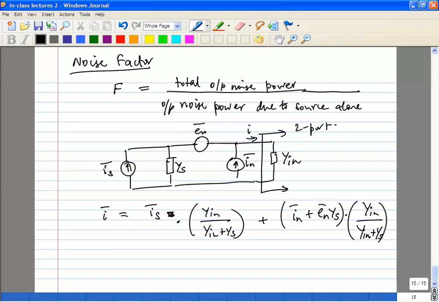Remember, you want to keep these two terms together because there is some correlation between the two. You don't want to separate them out as of now. We will separate them out a little bit later. And of course, we are implicitly assuming that Is is not correlated with En or In.